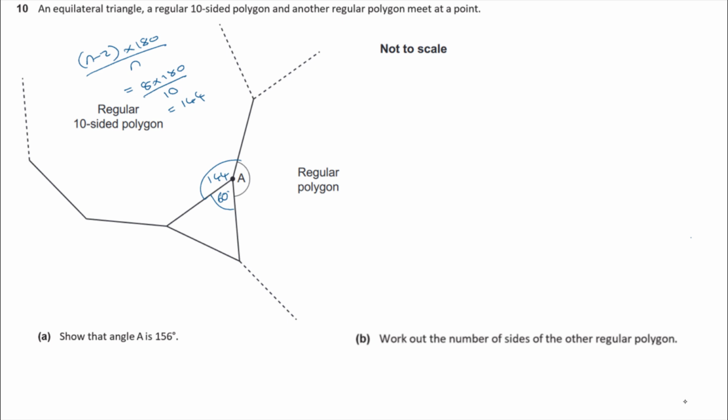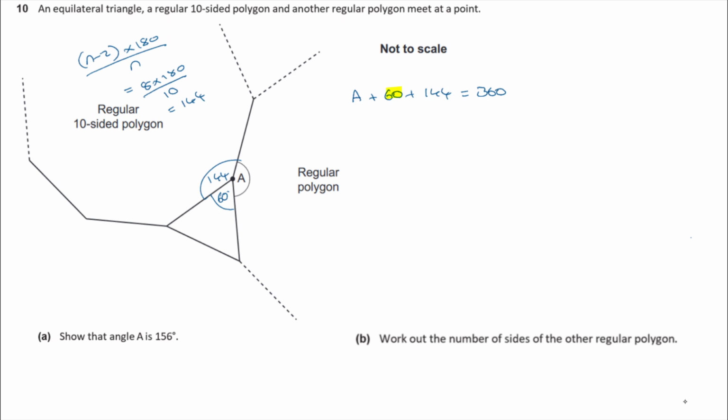So what's A then? You can see all three angles meet at a point, and three angles meeting at a point add up to 360 degrees. So A plus 60 plus 144 equals 360 degrees.